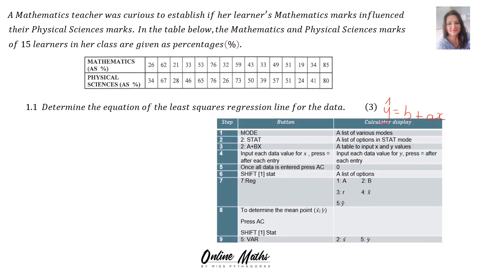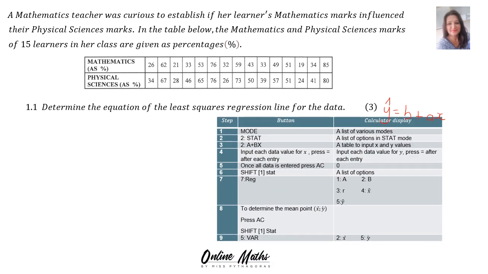So there is a little table that I have for you, which shows you the steps you have to follow in order to find the A and the B value. So let me go through it with you. First of all, you press on your calculator mode to stat to A plus BX.